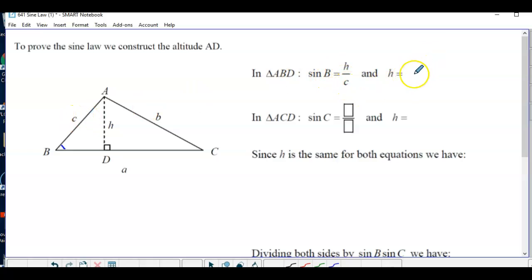If we solve for H here, we get C sine of capital B. Let's do the same in the other triangle.